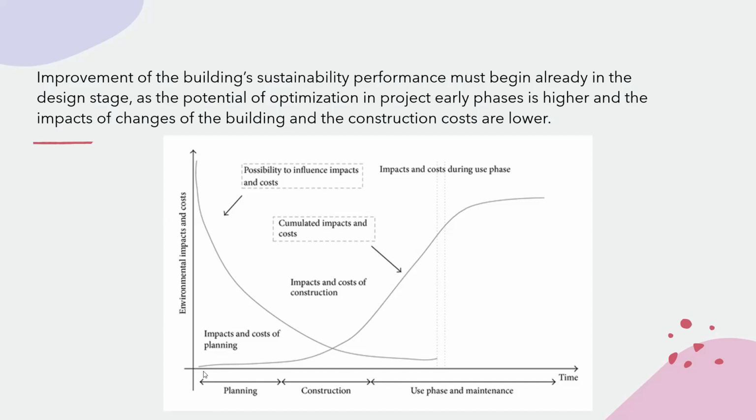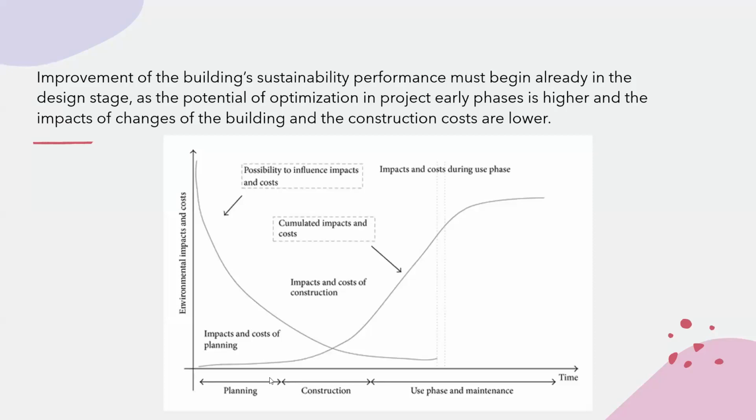Planning, in the sense, includes the designing part as well. Then only we start the construction work. After completing the construction work, we have the maintenance part. So if you try to apply the sustainability aspects earlier in this planning stage, it will be less costly. But if you try to apply it in the construction phase, it will be much higher. And if you try to apply the sustainable aspects in the maintenance stage, it will cost more.